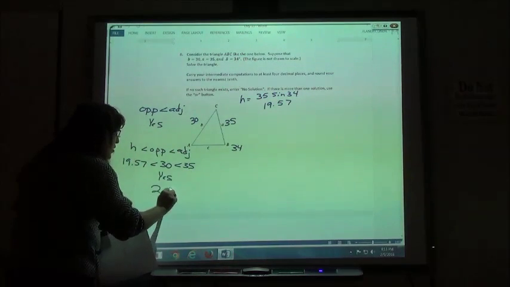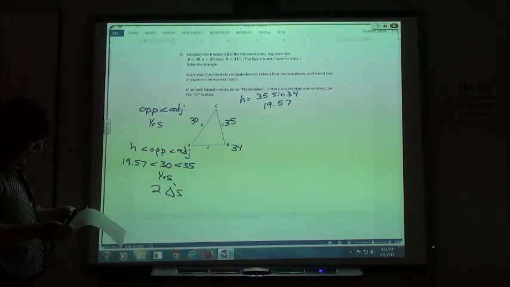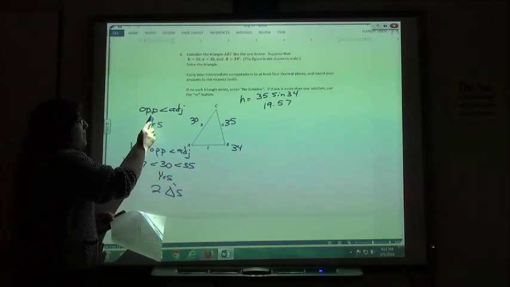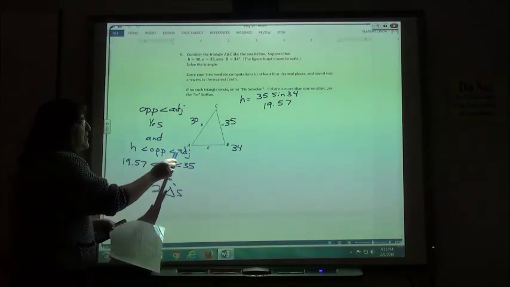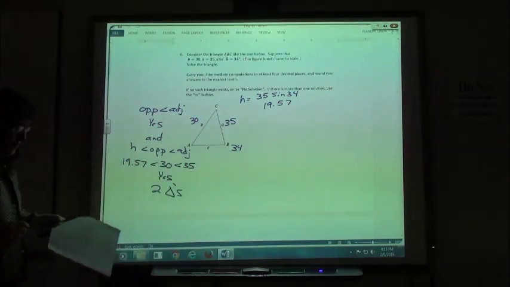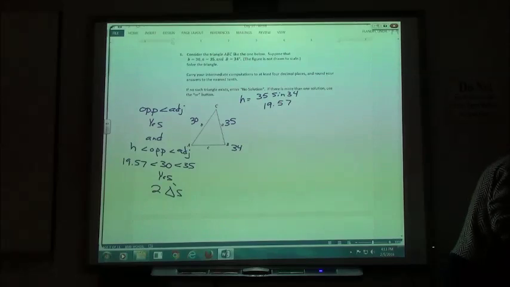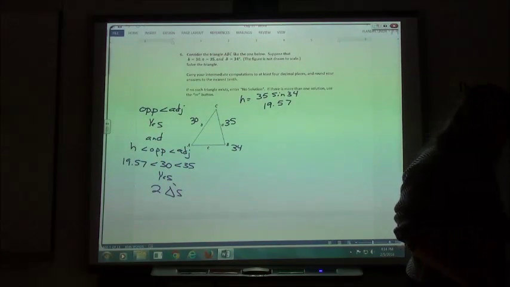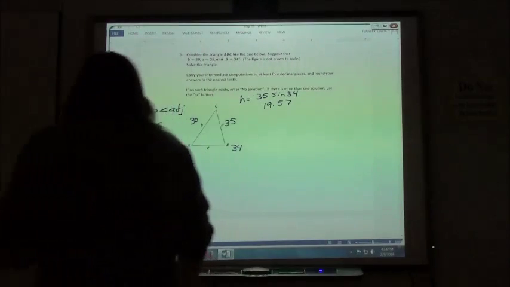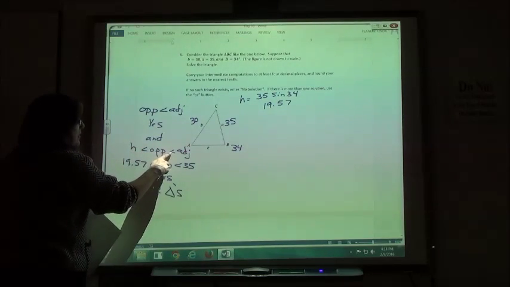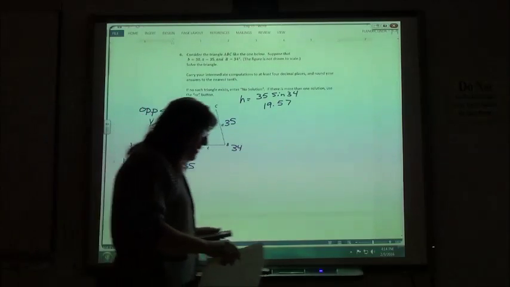Yes. So we have two triangles. So fix your notes because I think I wrote that down wrong, at least on my paper. I should have said, is the opposite side less than the adjacent side, and h is less than the opposite, which is less than the adjacent. Then you get two triangles. So go back and fix that in your notes. I better fix it in my notes. All right, so in this case, h is less than the opposite, which is less than the adjacent. I'm going to end up with two sets of answers. Hopefully I left myself enough room to write.